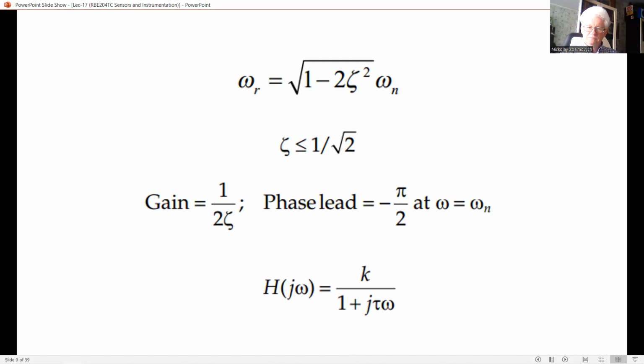domain. But note, the first order model has the frequency response function, as you may see here, for H as a function of j omega. It is clear that this model has only one performance parameter, namely time constant tau, right?